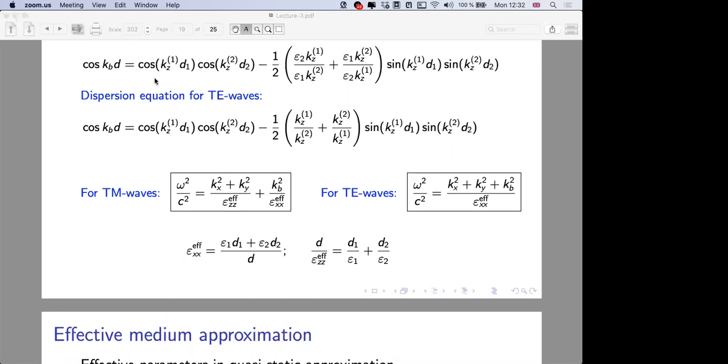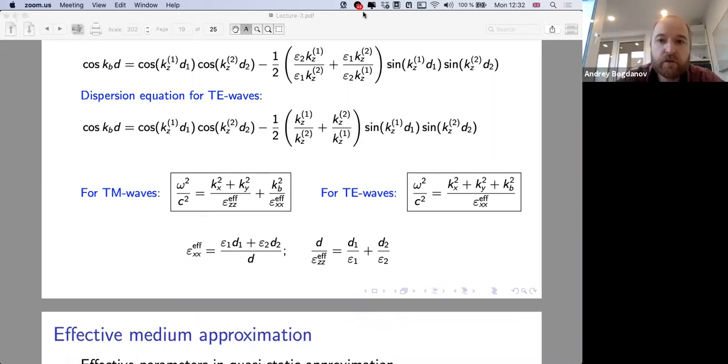Exactly. So, guys, I can try to plot, for example. I can fix the frequency. Let's say the frequency is a constant. And then I will consider the momentum space, let's say kx, ky, and kz.